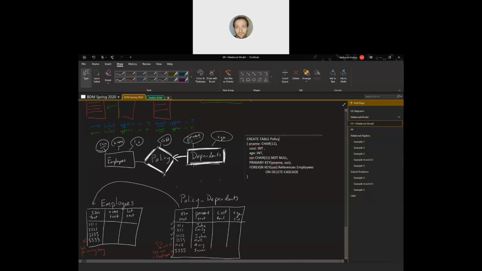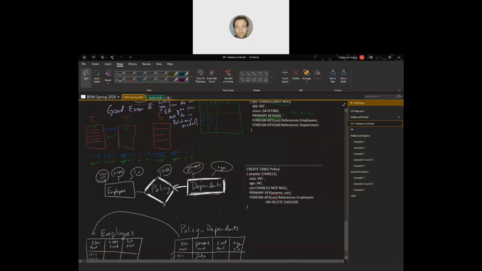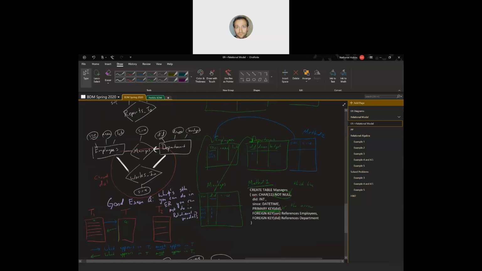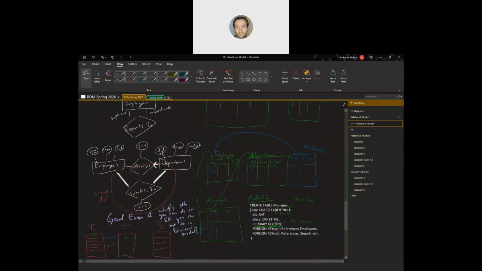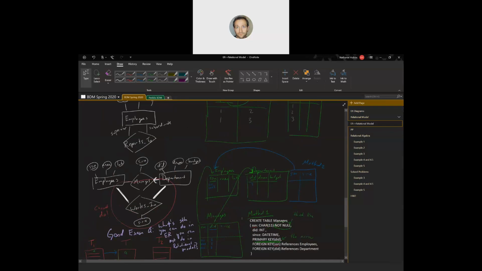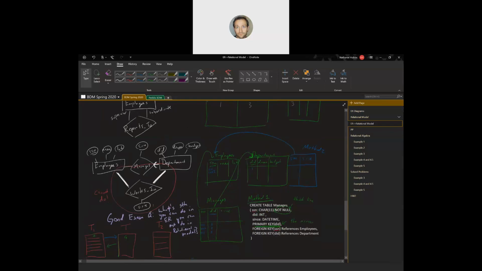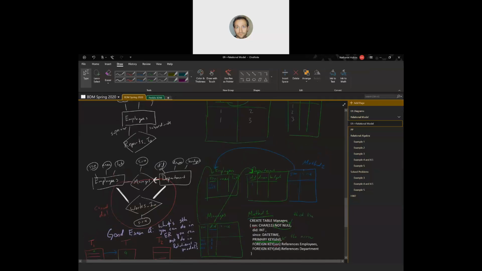The other thing is that while oftentimes, or many times, you have a choice of these two methods, where if you're trying to capture this manages relationship, you could have this manages be its own table, or you could also attach it to another table.